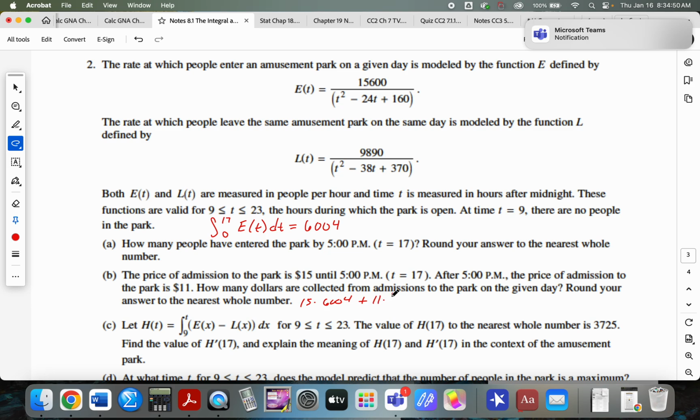So it'll be 11 times the integral from 17 to 23 of E of t dt. You may want to round the integral off before you multiply it by 11. But what does it give us for this? $104,048.